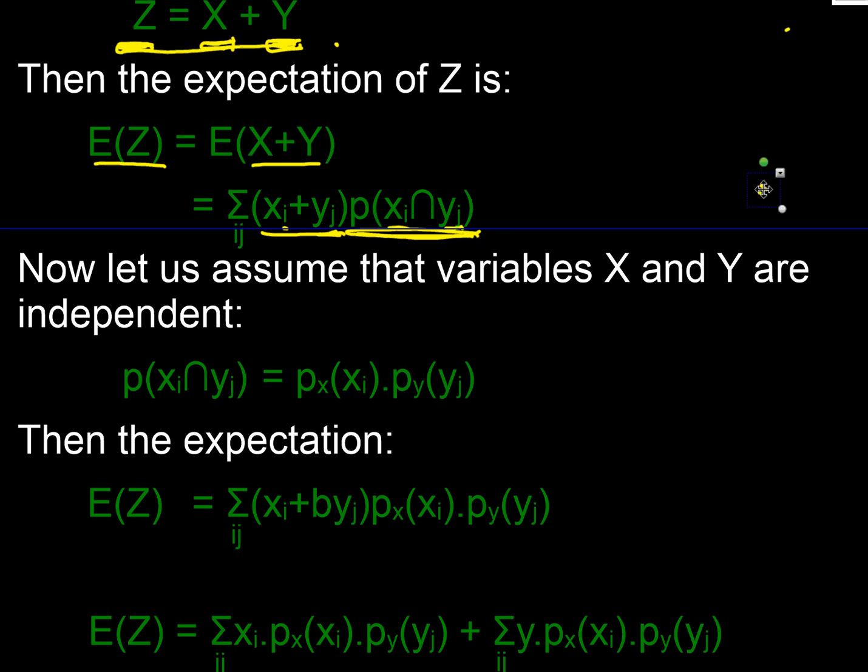Now, the biggest thing for this expectation approach is that these two variables have got to be assumed to be independent, because if they're independent, then that probability can be rewritten. It's the probability that X is xi, times the probability that Y is yj. So effectively we've split that into a product of two separate independent probabilities.